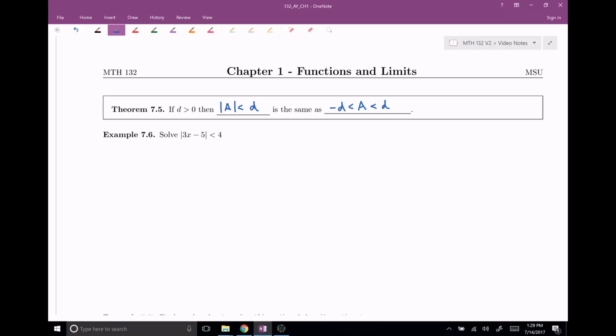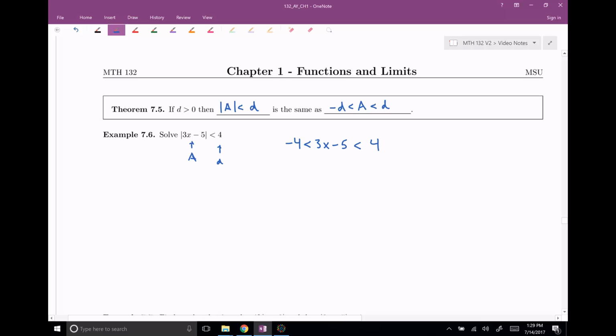So let's go ahead and use this theorem to solve the following example. The absolute value of 3x minus 5 is less than 4. In this case, my a value is this expression. It has x's in it, right? And here is my d value. d is 4. So this is the same as -4 is less than my expression, 3x minus 5, is less than d, which is 4.